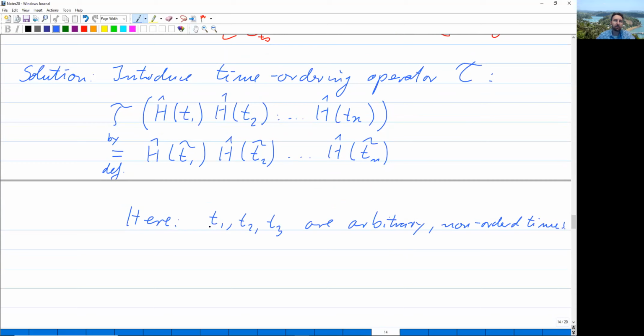So this could be 5 seconds, 2 seconds, 27 seconds, 500 seconds, 0.3 seconds, etc. These are points in time, but they are generically not necessarily ordered. And the t tilde i are the same times, but ordered.